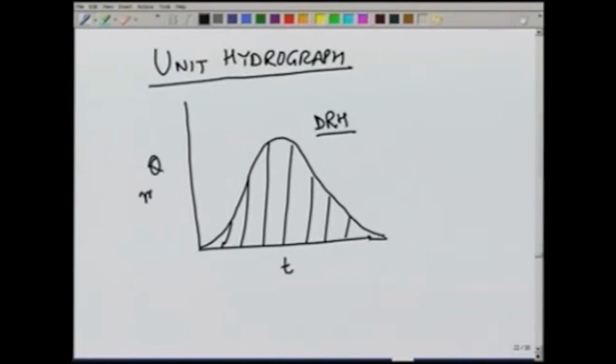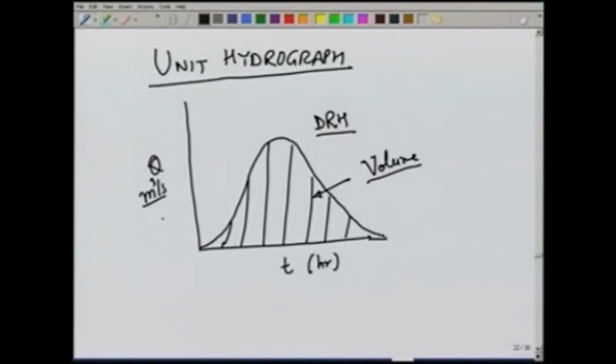This Q is in meter cube per second and T is, let us say, in hours. So, the area of this curve would give us some volume V. If we take both of them in same units like meter cube per second and seconds, then the area will come out to be in meter cube.